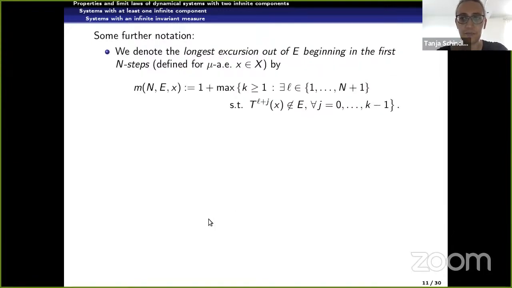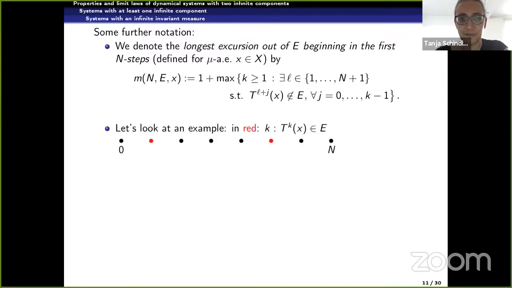So we basically take a union over these sets En. And well, before we basically had a standard notation, but now we look at some more generalized or, well, more abstract systems. So we look at the longest excursion out of E beginning in the first n steps. So well, this is basically written here in this notation, but what do we actually mean with that?